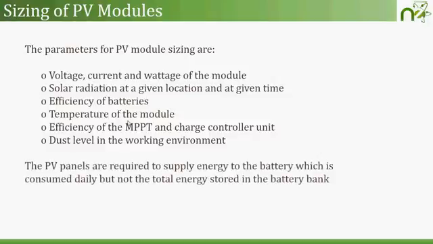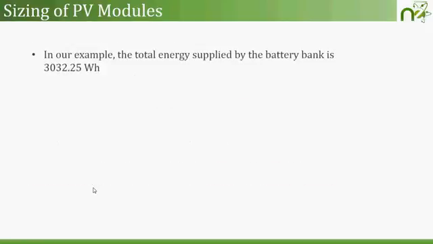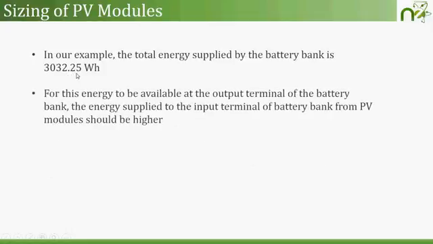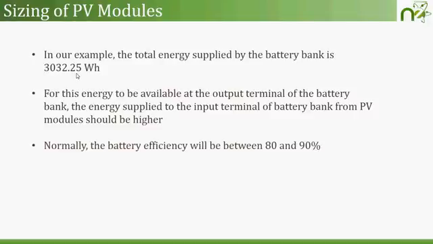The PV panels are required to supply the energy to the battery, which is consumed daily, but the total energy will be stored in the battery bank in order to use for the high-end applications. As we already considered, our total energy supplied by the battery bank would be 3032.25 watt hours, but the energy supplied to the input terminal of the battery bank from PV should be higher, because we also need to consider the battery efficiency.